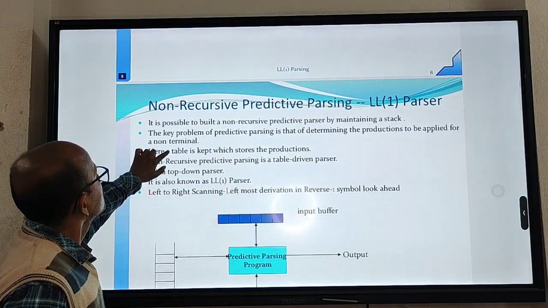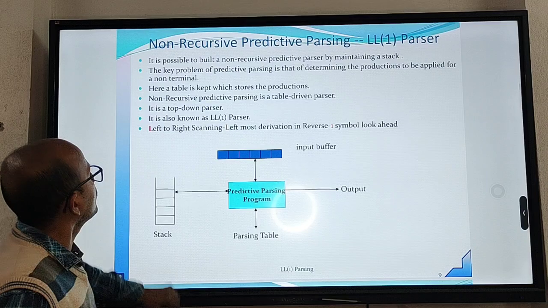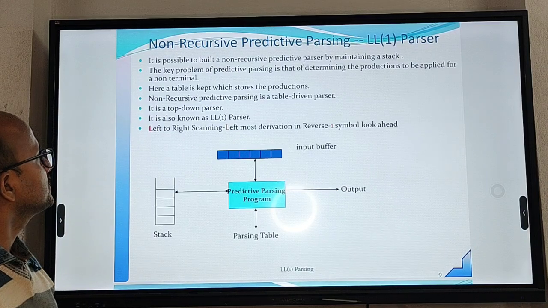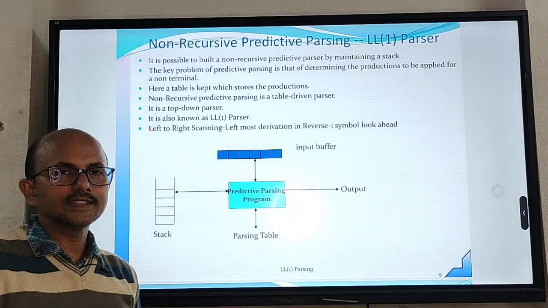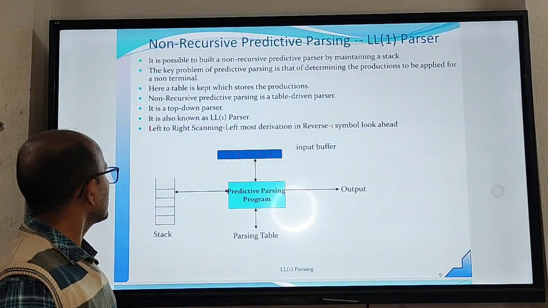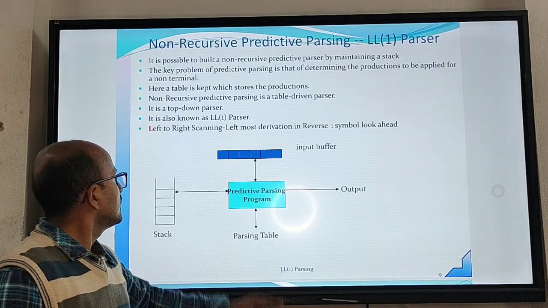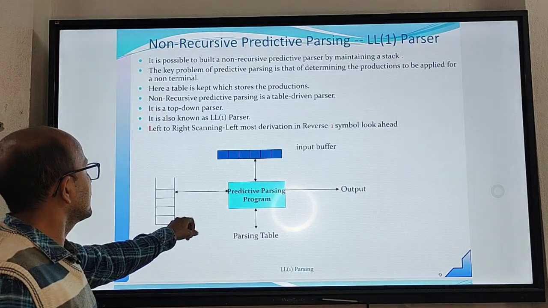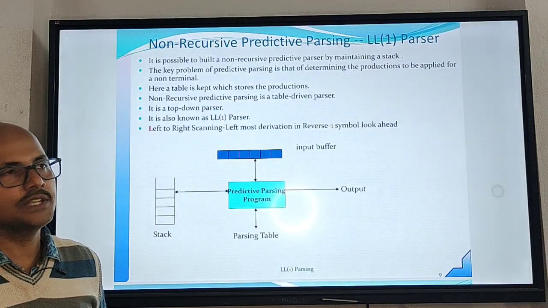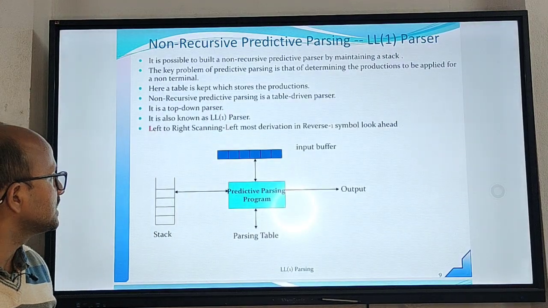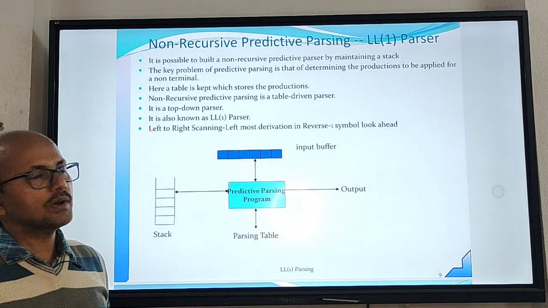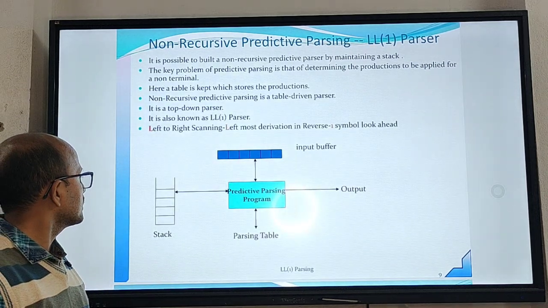Now we are moving to LL1, how it works. It is possible to build a non-recursive predictive parser by maintaining a stack, and here we are using one parsing table, and along with it one stack and one input buffer. As you know, the input buffer is used to store the input symbols, and the stack is used to store the grammatical symbols, terminals and non-terminals.